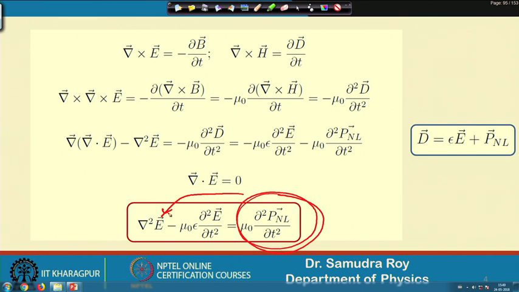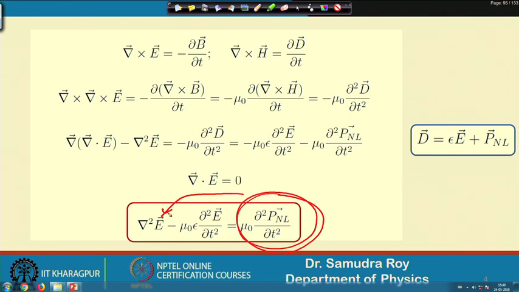That means, whatever the electric field will be inside the medium, in this differential equation we have a source term, and this source term is essentially coming from the fact that my P nonlinear is there. So, P nonlinear is basically feeding some kind of energy to generate the electric field.